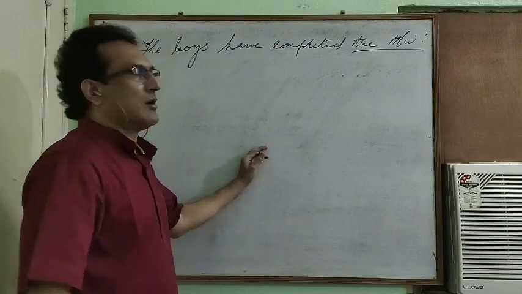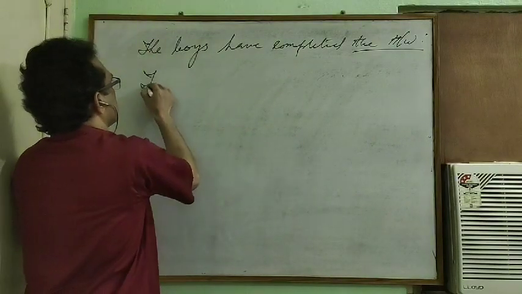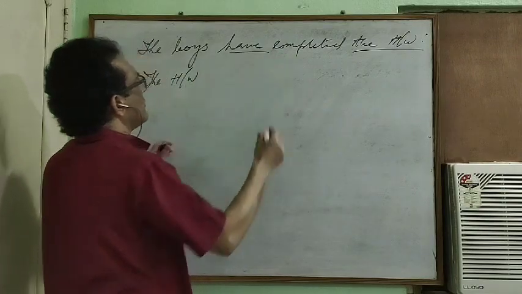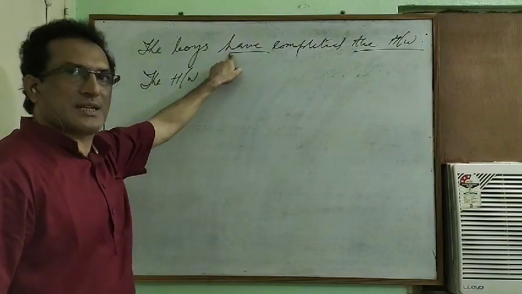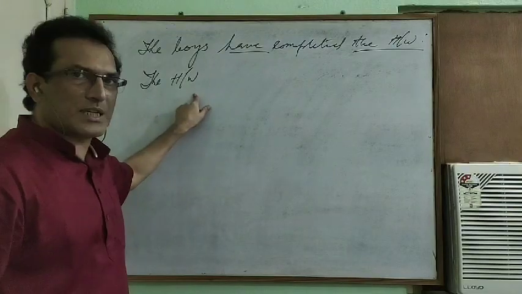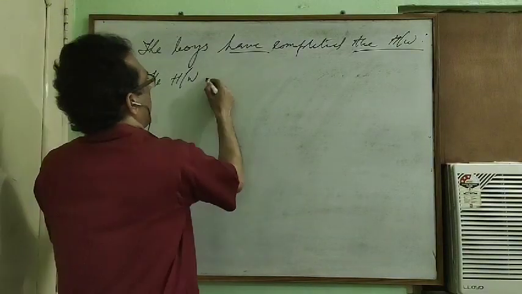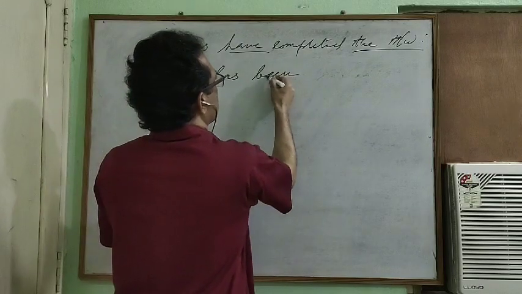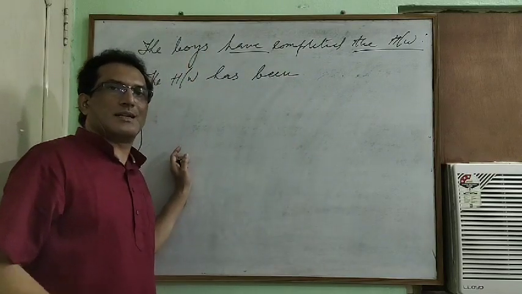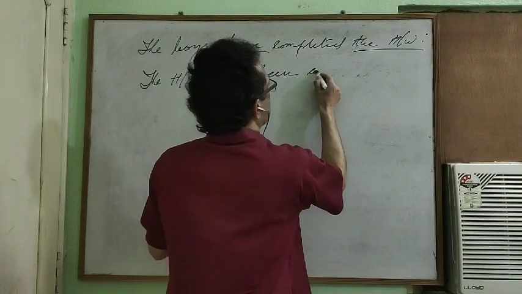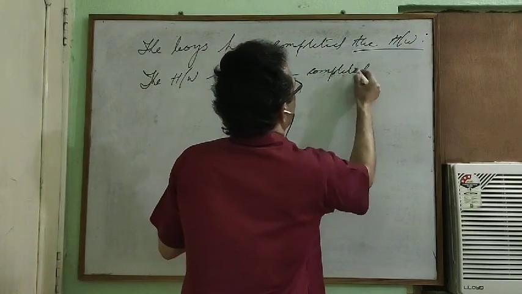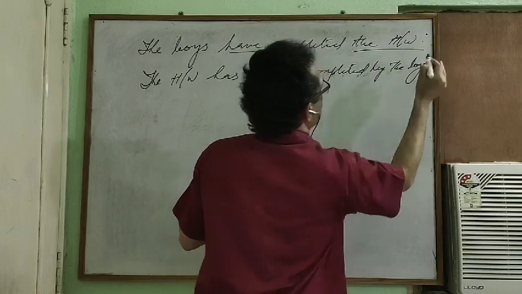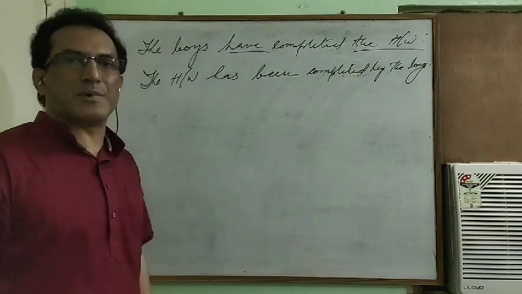So homework is the object. The homework. Now, boys is plural, so we used have, whereas homework is singular, therefore has. Homework has plus been. The form of be in perfect is been. Homework has been completed by the boys. Homework has been completed by the boys.